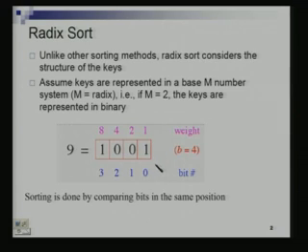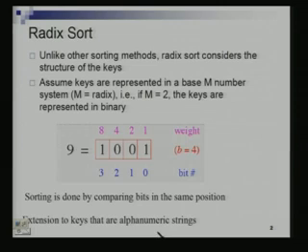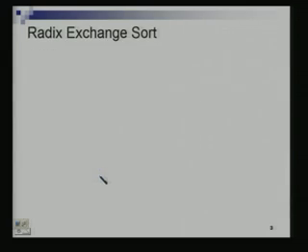We will see all of that in a second. This idea can be extended when the keys are alphanumeric strings also, not just numbers like this. So, names of people or some such thing. You can use the same idea to do sorting on that, and we will see how.